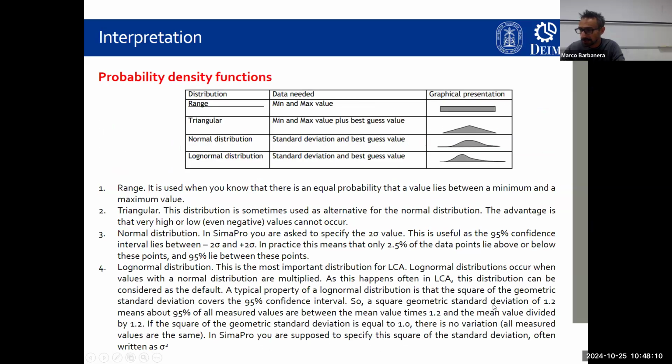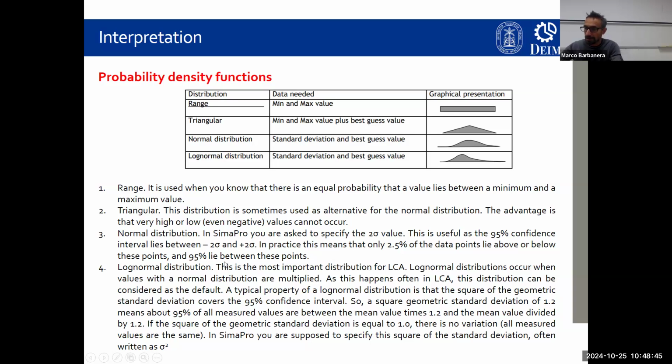In this case, the range is defined between mean value times the square standard deviation and mean value divided by the square standard deviation. Okay, this is the important difference.